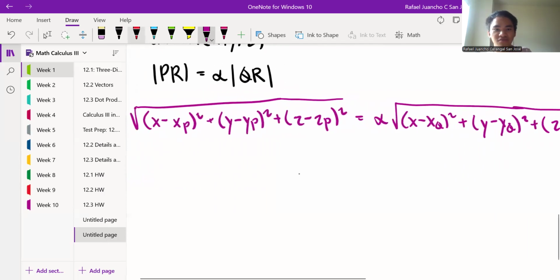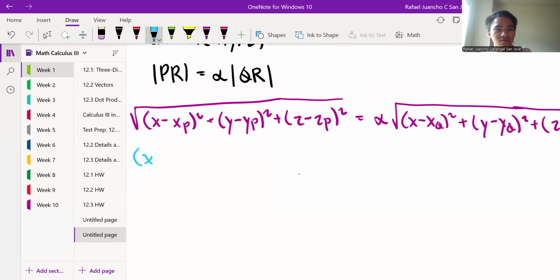Right? Then we get rid of that square root. So how do we do that? If you want to get rid of that square root, we just put everything to the power of 2, right?